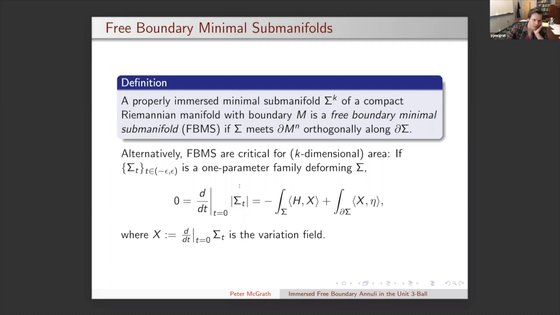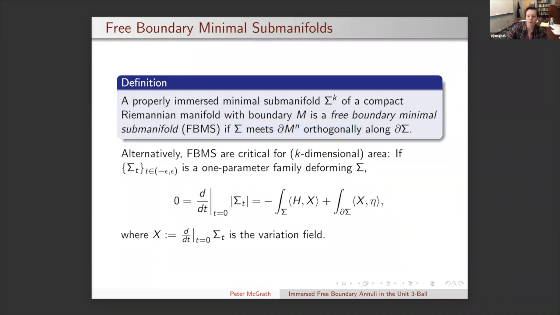If you're searching for the critical points for this volume function, you want this always to be 0 independently of your variation field x. It's not difficult to show that this can only happen if your mean curvature is identically 0, so the minimal condition here. And then if this inner product is always 0, which means that your sigma meets the boundary orthogonally.